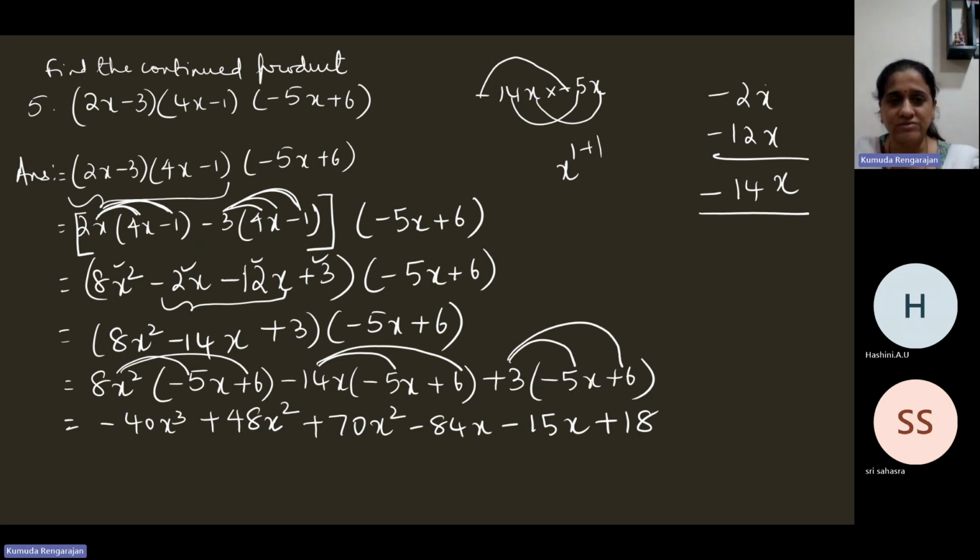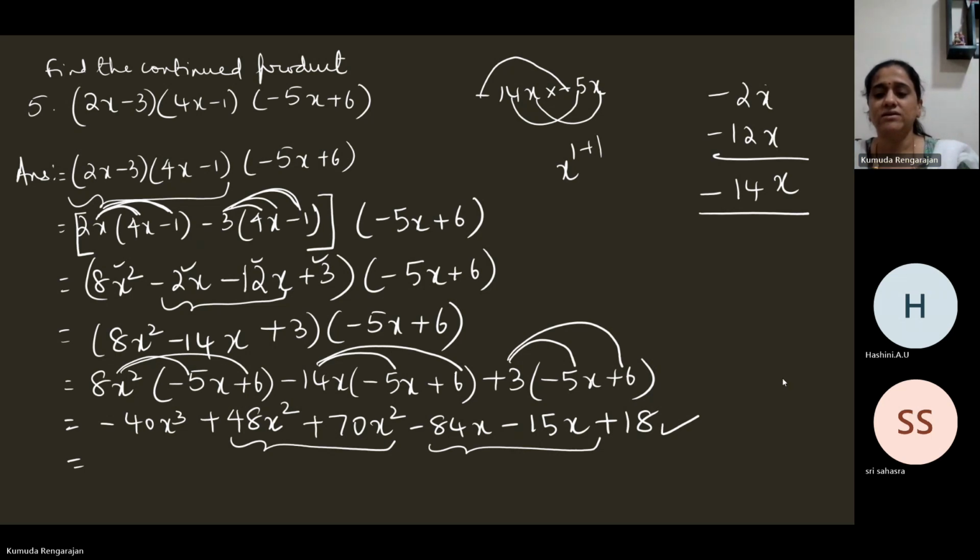If they have different signs, subtract and put the sign of the greater number. From this step onwards, it is addition or subtraction. These two are like terms because the literal factors are the same: x squared, x squared, x, x. Continue, Hasini.